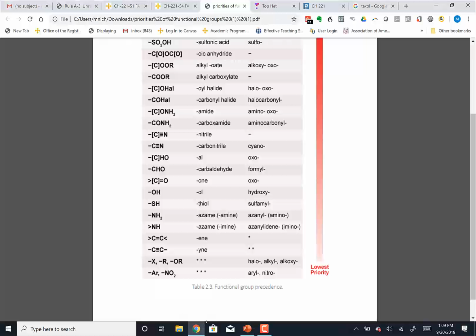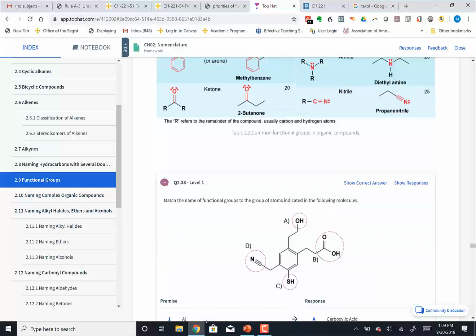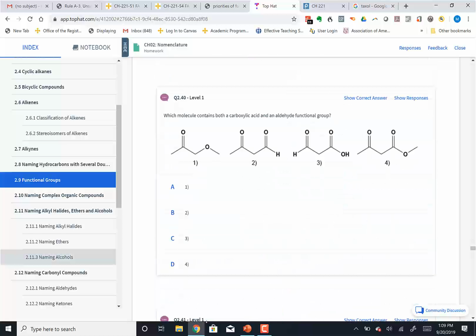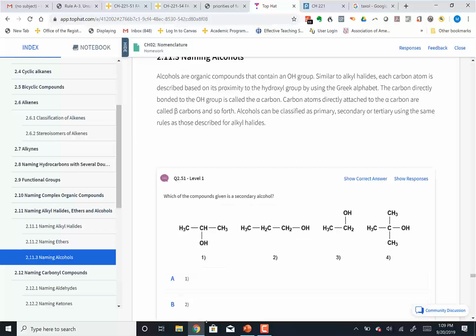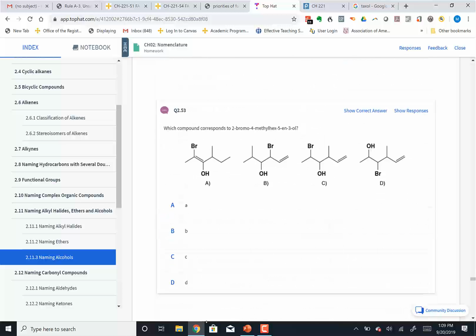Number 53. Okay, which one of these compounds corresponds to 2-bromo-4-methylhex-3-en-ol? I don't know.